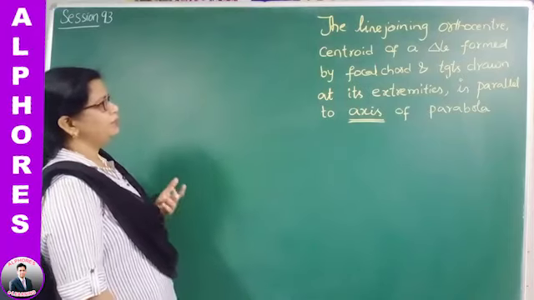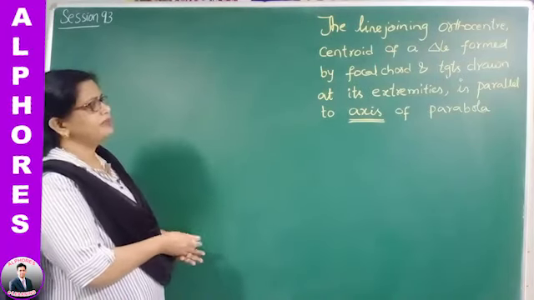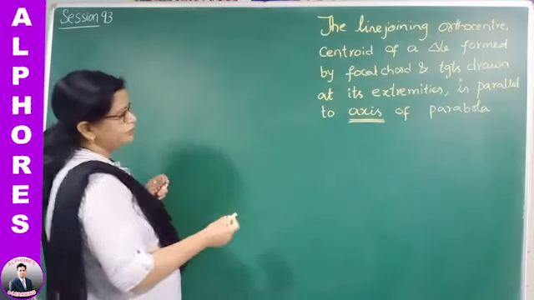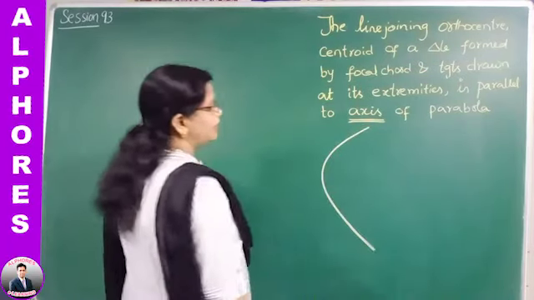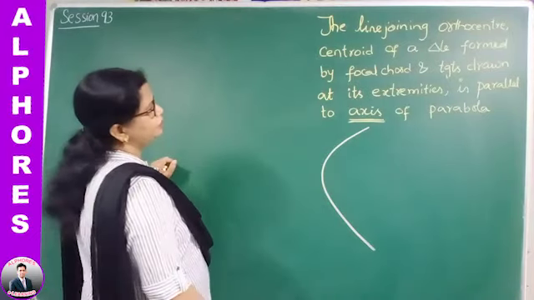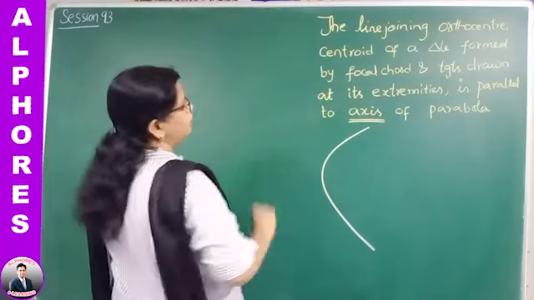Now again, to make use of this, let us take the parabola in standard form y square equal to 4ax. So if I draw the curve, y square is 4ax, this is the parabola. Now tangents are drawn, they said, at the extremities of a focal chord.